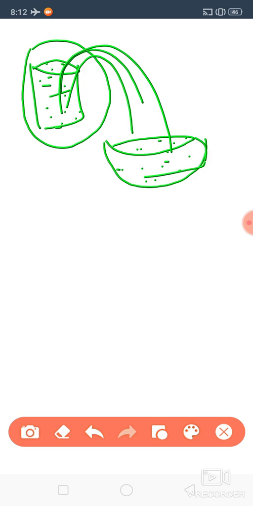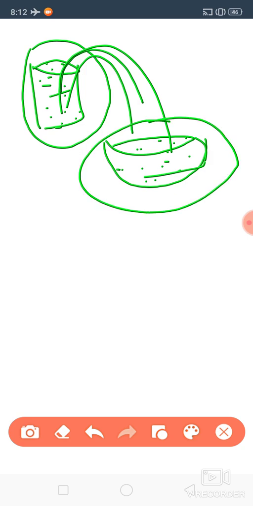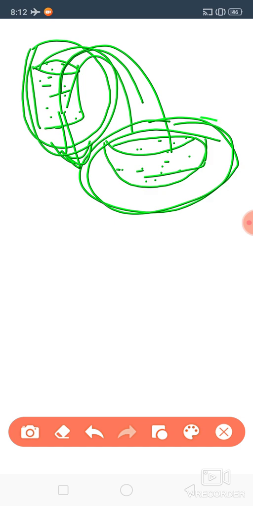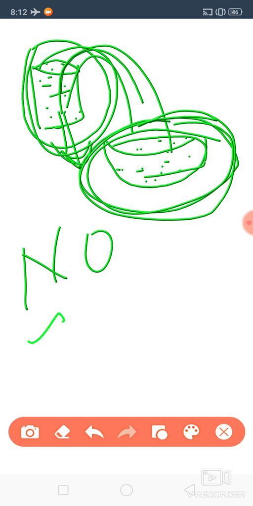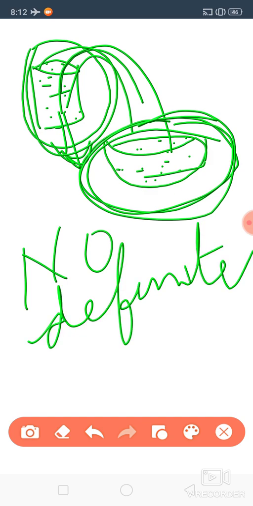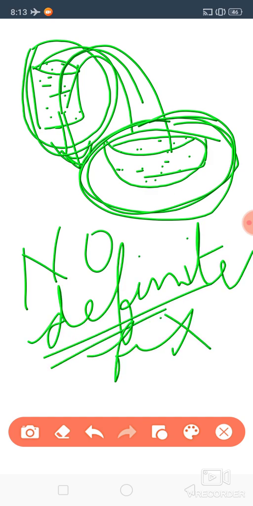Now it is taking the shape of this bowl. So the shape of the water, that is, the shape of the liquid, is changing. Earlier it was the shape of the glass, now it is taking the shape of the bowl. So it has no definite shape. No definite shape means no fixed shape.